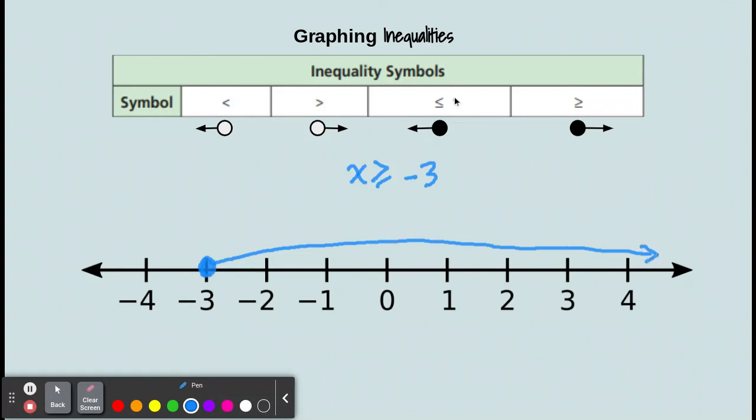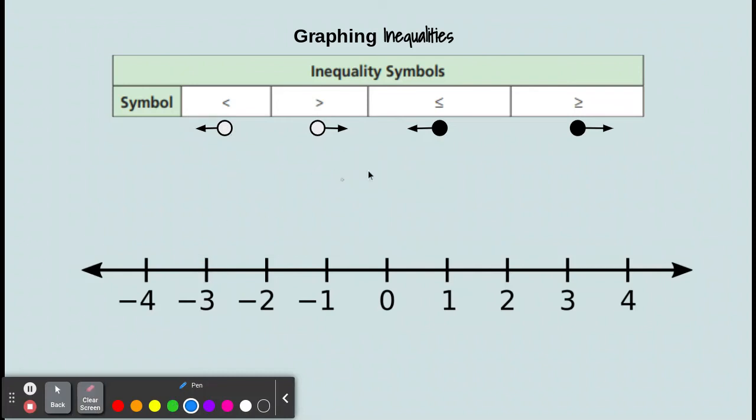All right, so these two symbols, when you graph them, your circle will be colored in because it can include that value, right? But for these two symbols, when you graph them, it's an open circle because the solution does not include that number.